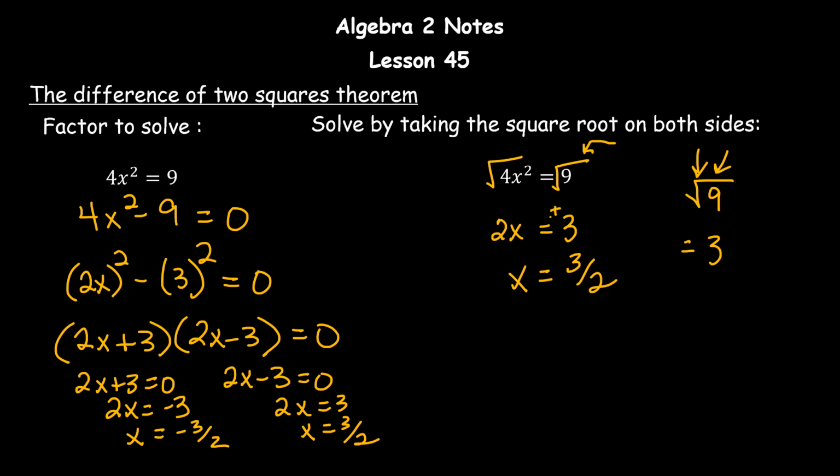So to do that, I put a little plus or minus there and a little plus or minus there to show me that there are 2 possible solutions to that equation, positive 3/2 and negative 3/2. We do this whenever we take the square root on both sides of an equation to solve an equation. But anytime you see this sign just sitting out there in a problem, it only means the positive square root of 9. So just try to wrap your head around that.